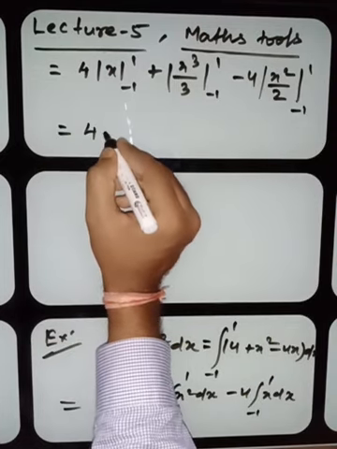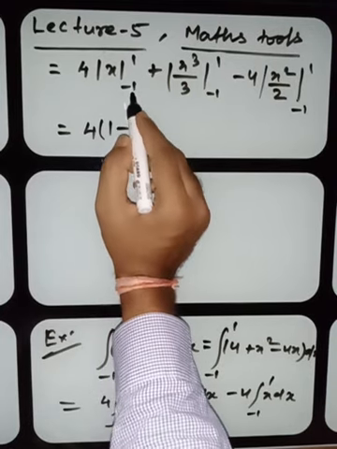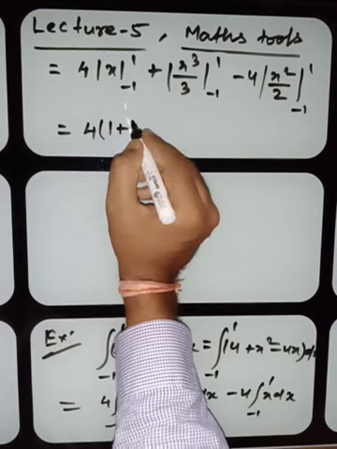So upper limit minus the lower limit, so minus minus it is plus.